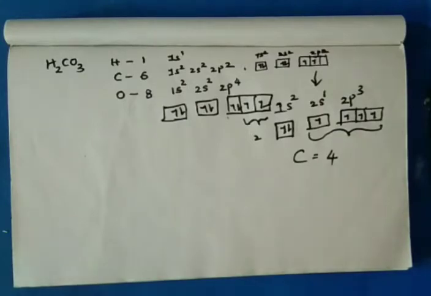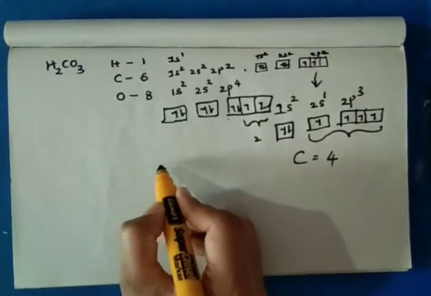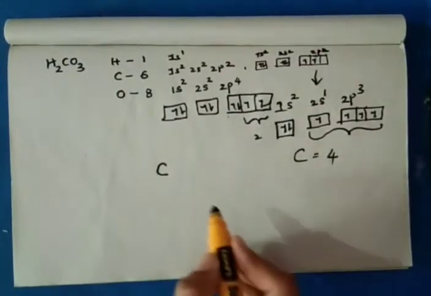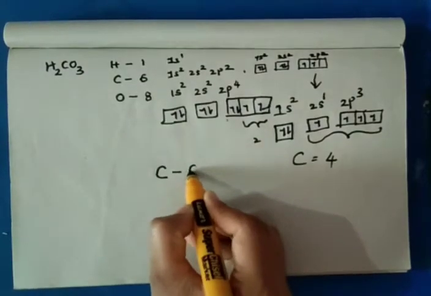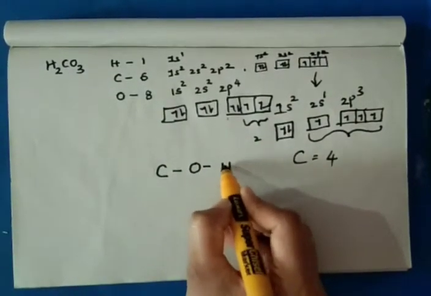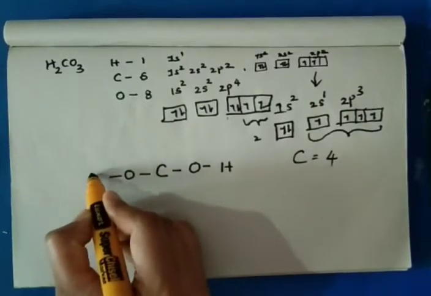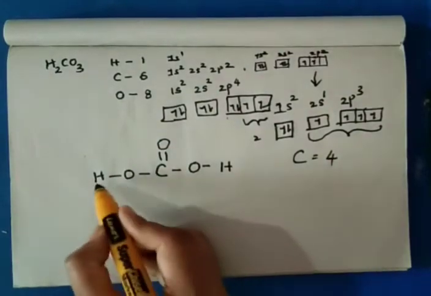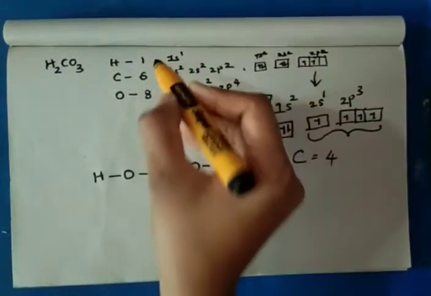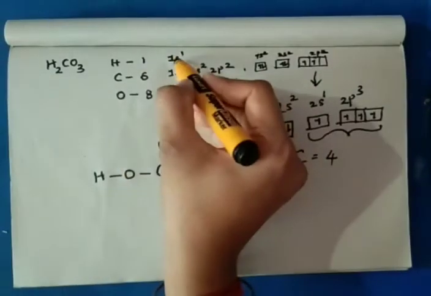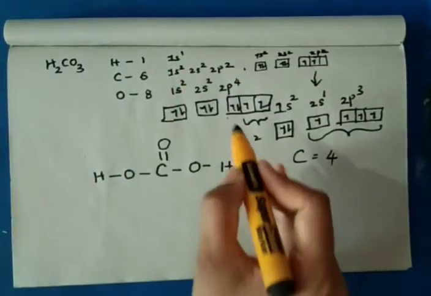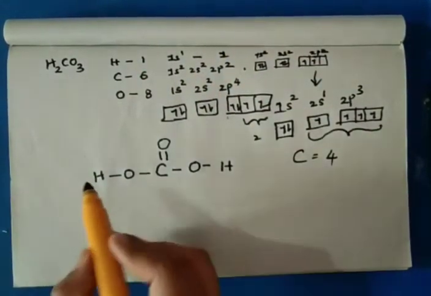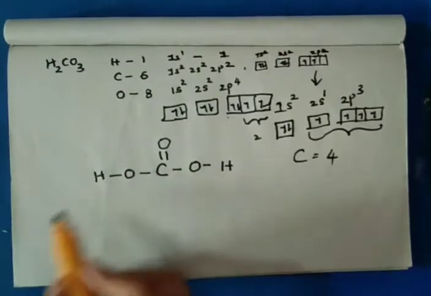Here carbon is the central atom. The structure looks like O, H, O, H, with a double bond to O. Hydrogen has atomic number 1 and configuration 1s1, so hydrogen valency is 1 and it makes a single bond.